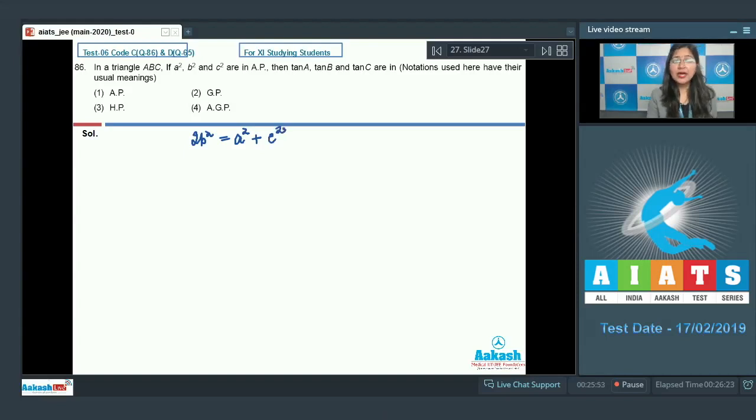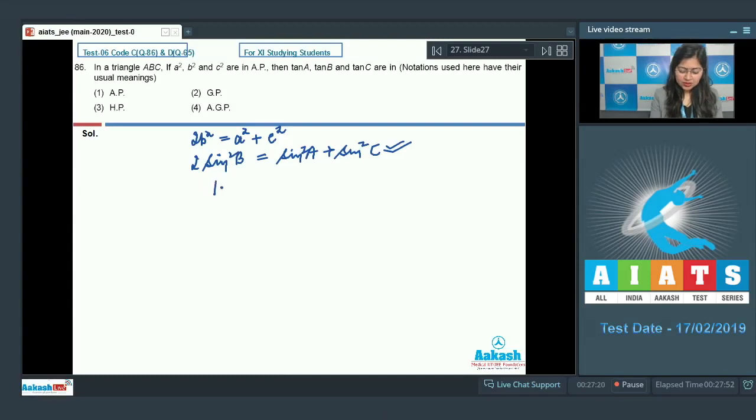That is, by sine rule, we can say that 2 times sine square b is equal to sine square a plus sine square c. Here we are trying to convert this equation in terms of tan A, tan B, tan C, right?